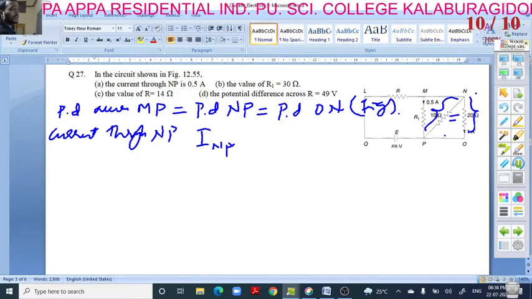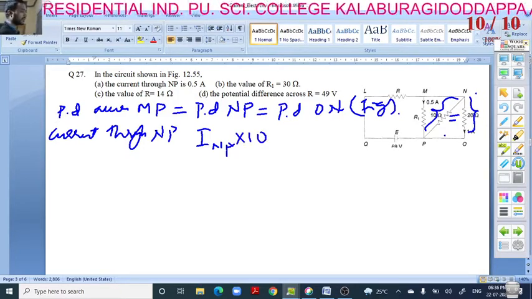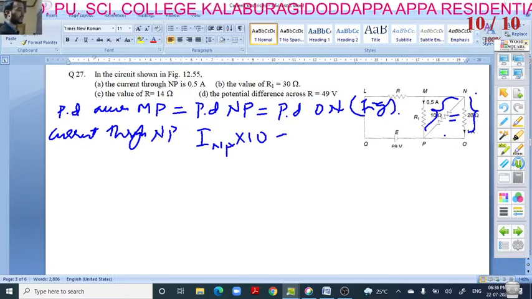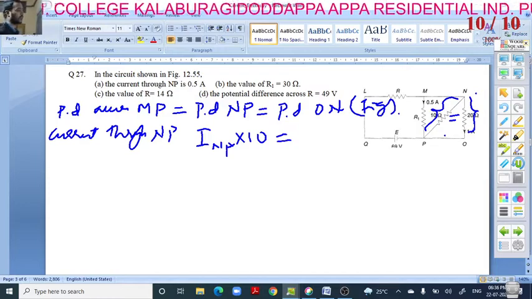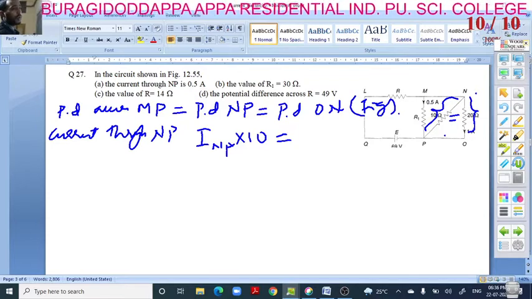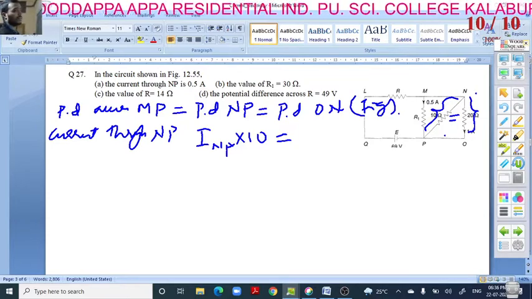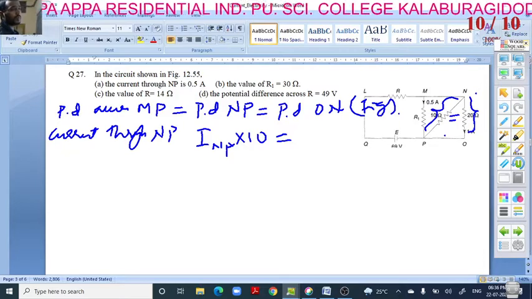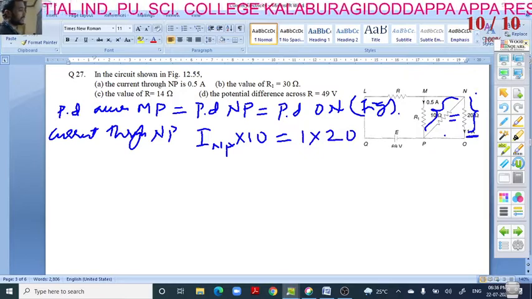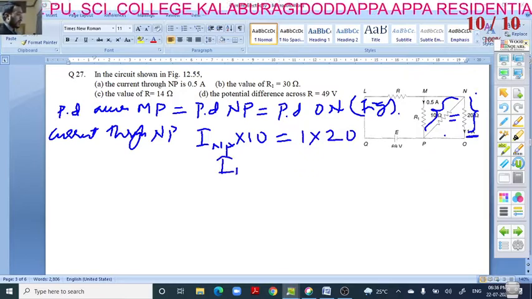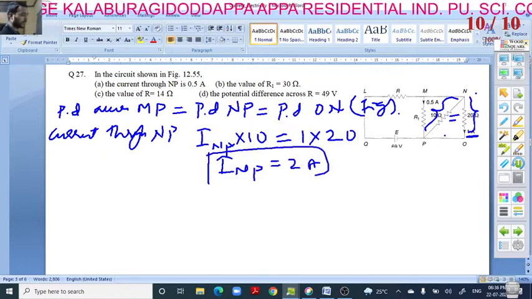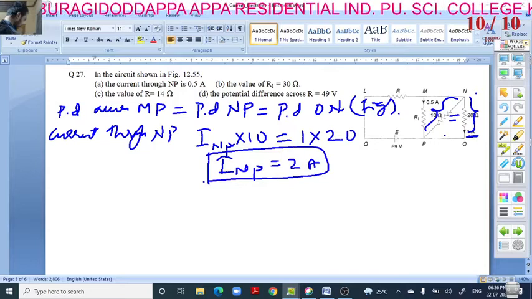See, current into resistor, 10 ohm he has given in NP. Resistor is 10. So I into R is equal to potential of ON again, current is 1 ampere he has given in the figure, 1 into resistance 20. So here I NP is equal to 2 ampere you will get. 2 ampere. Okay, I hope you are understanding this.